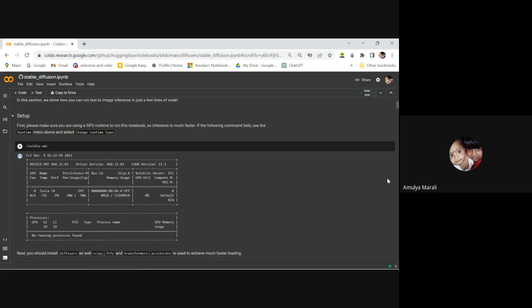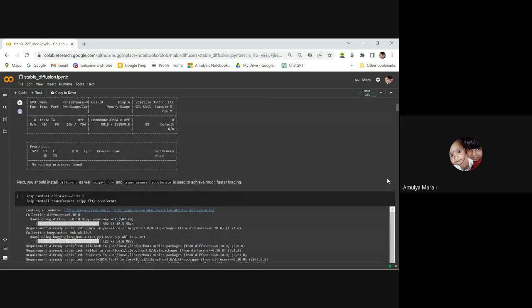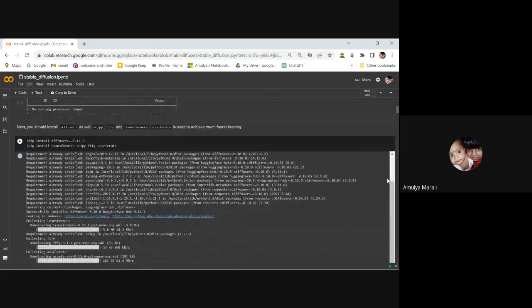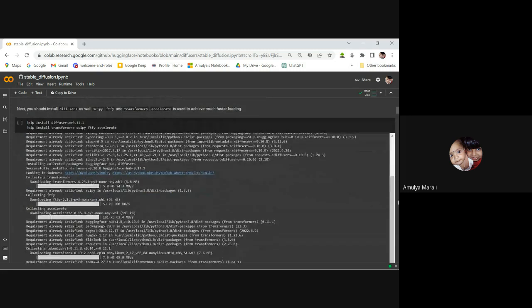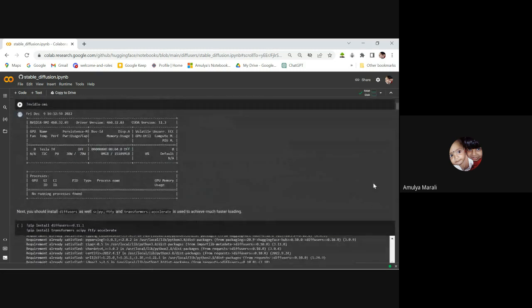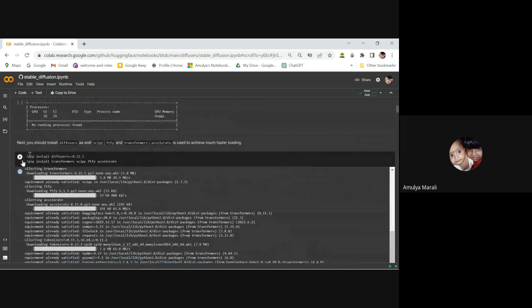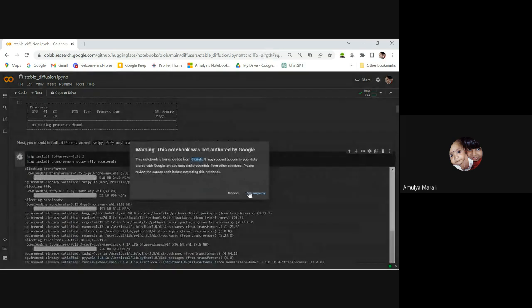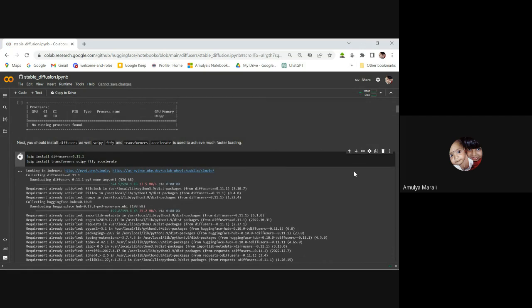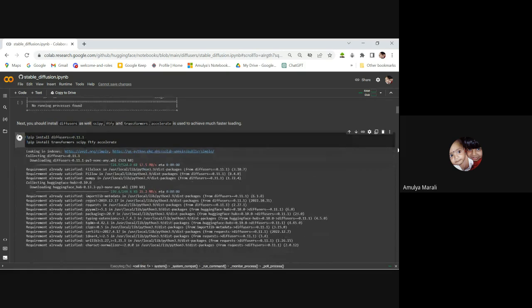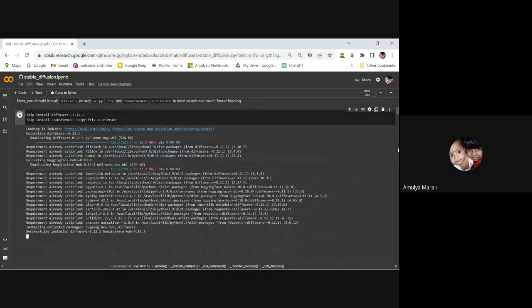It is a transfer learning approach here, where you make use of an already trained, or pre-trained, diffuser model here. So I think I've connected it, and let's just run these, or install these dependencies or libraries that we have to use in order to make use of the Stable Diffusion pipeline.